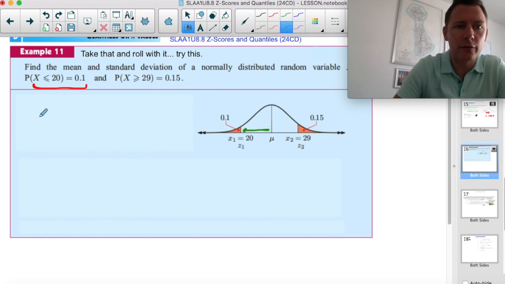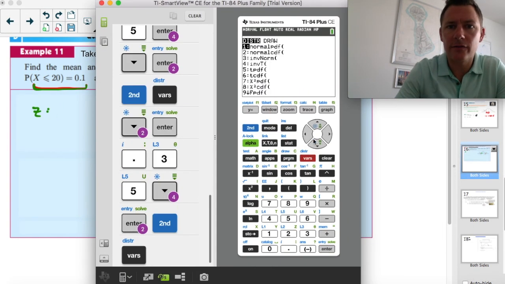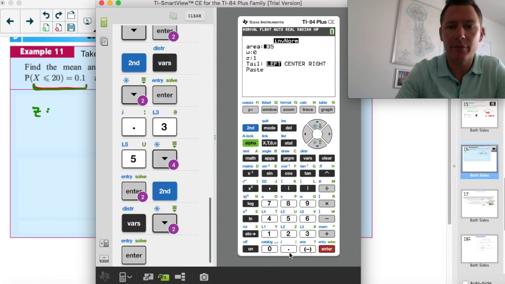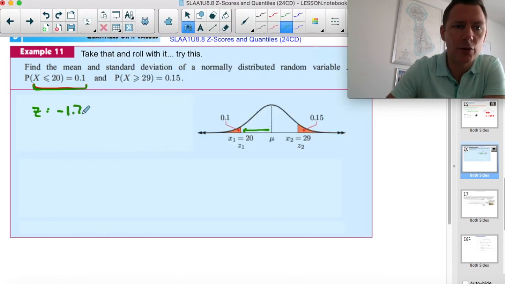I want to find the z-score for this one. All right, so I'm going to, in my calculator, say second dist, inverse normal, I want 10%. Cool. Boom, boom. This is negative 1.28 standard deviations below the mean.